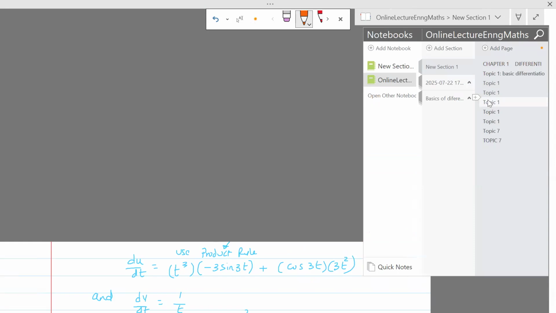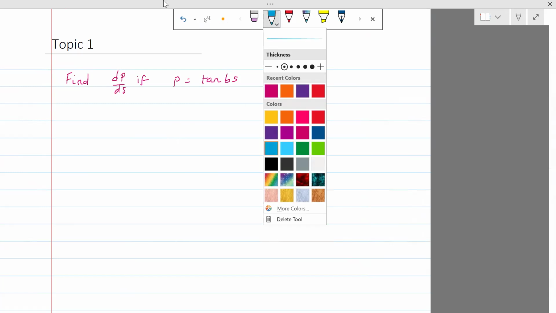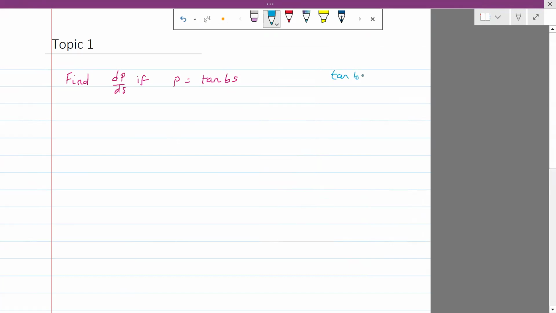Okay. Now let's look at another differentiation of a quotient. Find dp by ds if p equals tan bs. Now we already know that tan of bs becomes sine of bs over cos of bs, where b is a constant.